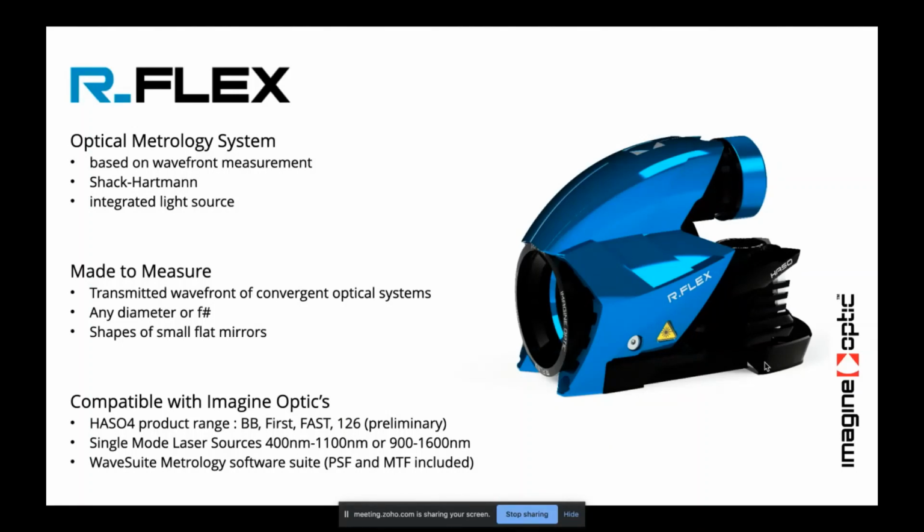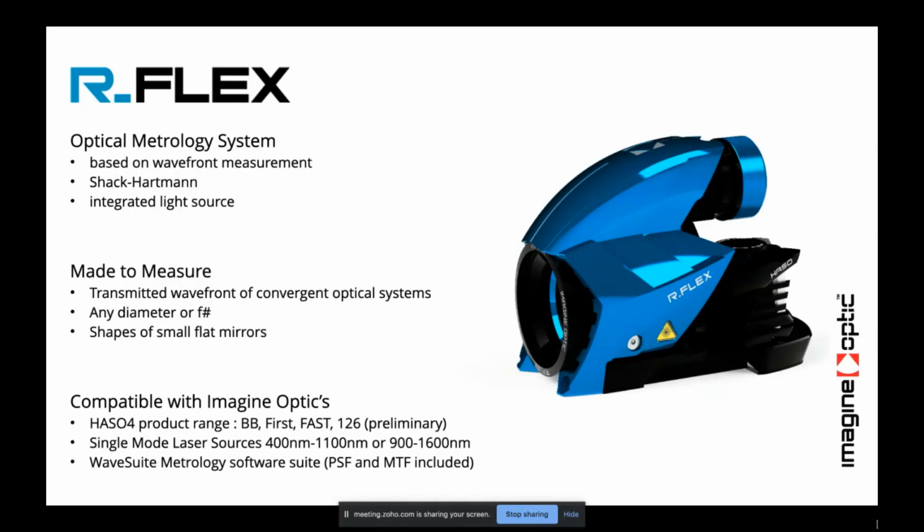This device is compatible with 4 different wavefront sensors. The broadband, the first fast and preliminary, a high resolution wavefront sensor. And what is interesting in this device is that it's compatible with a very large range of wavelengths, because we can use this device between 400 nanometers to 1100 nanometers.